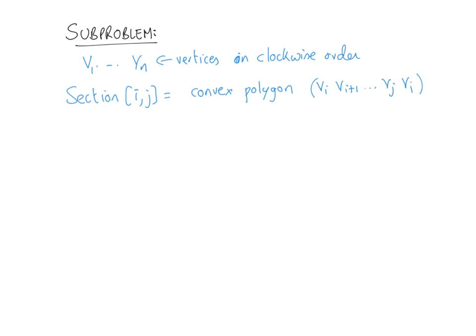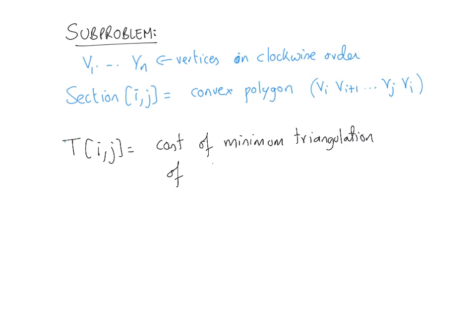And as you can see, there are roughly n squared sections. And so now we're ready to describe the subproblem. Essentially our subproblem, I'll use the notation T i j, would be the value of the minimum cost triangulation of the section i j.